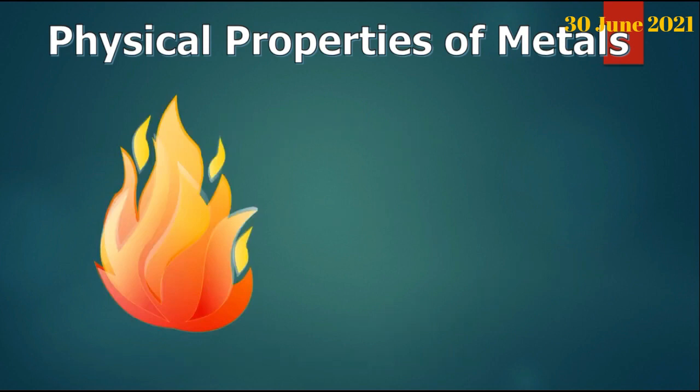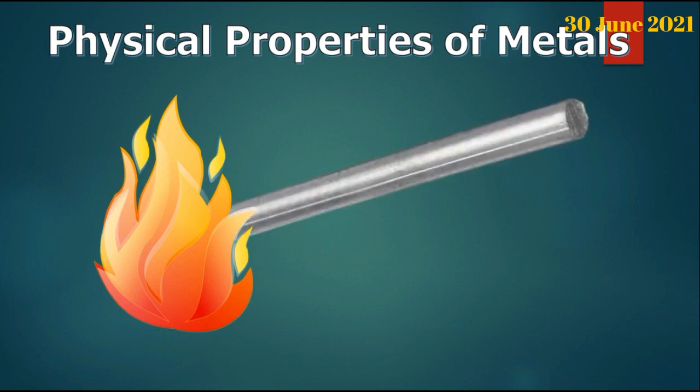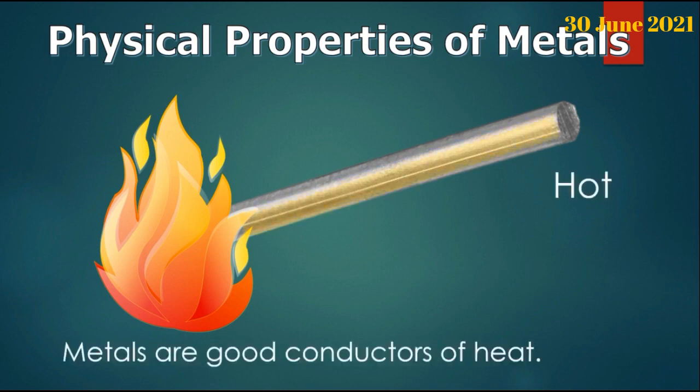If you keep a metal rod into the fire, you will find after some time the heat moves from one end to another end, slowly, and even the other end will become very hot, and that concludes metals are good conductors of heat. And so we have two more properties here. Metals are good conductors of heat and metals are good conductors of electricity, right?